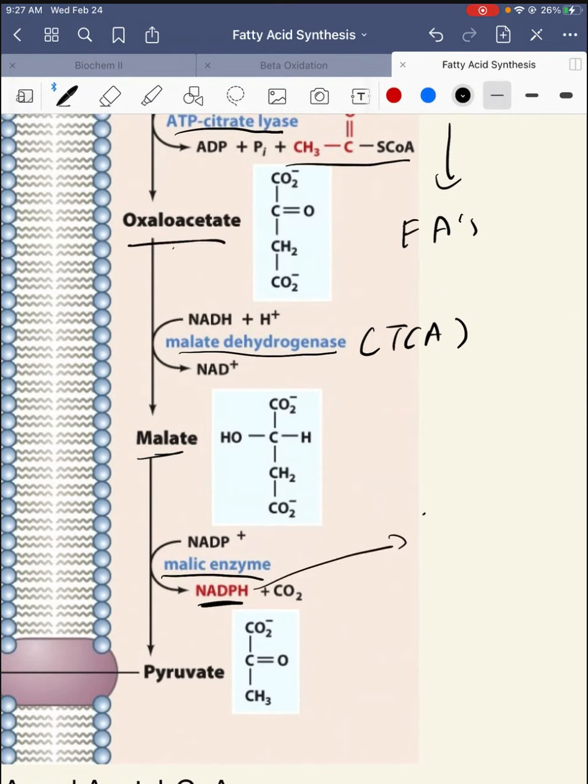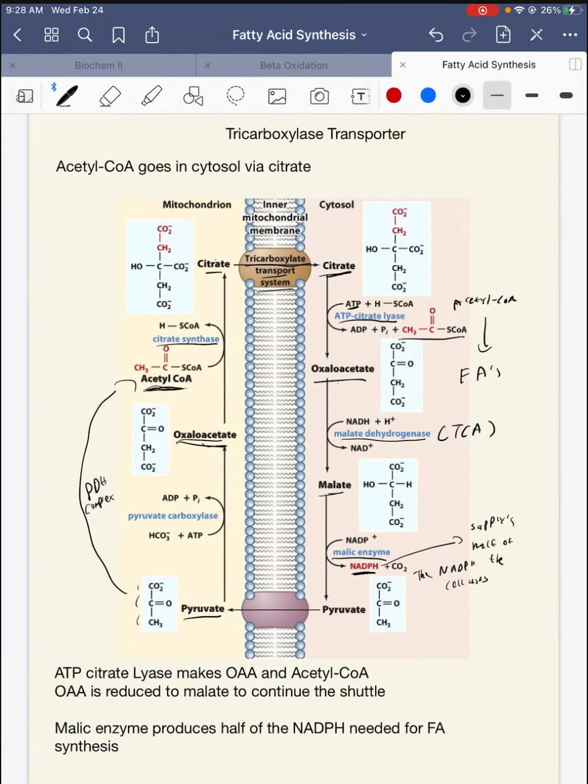supplies half of the NADPH the cell uses. So this is important to run the second part of the shuttle so we can make more NADPH for the cell. And then pyruvate is made, and then pyruvate can continue this way again.